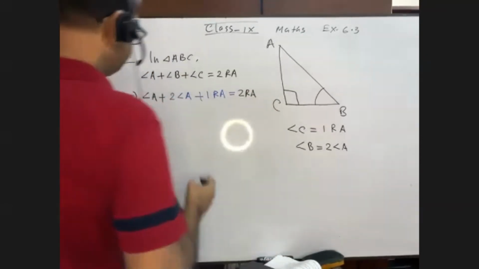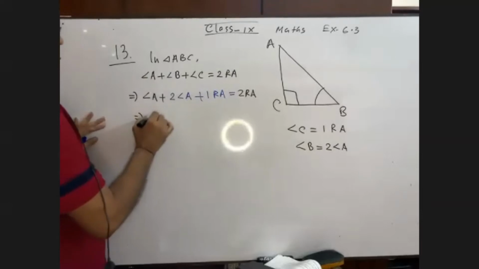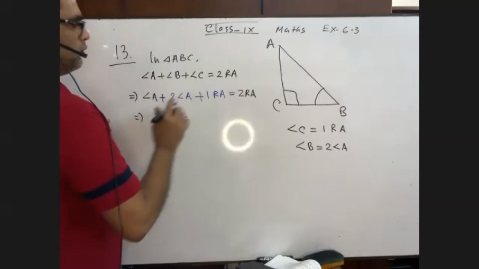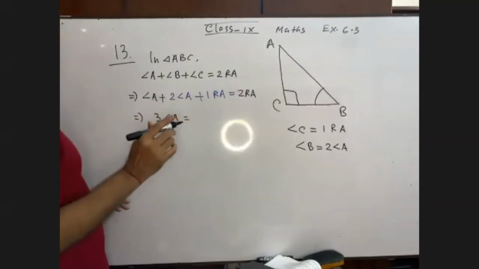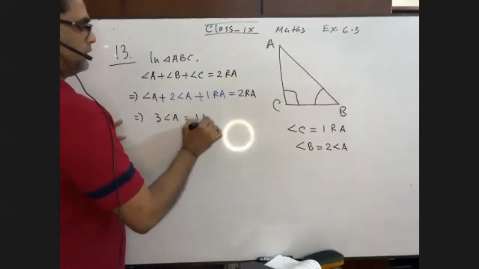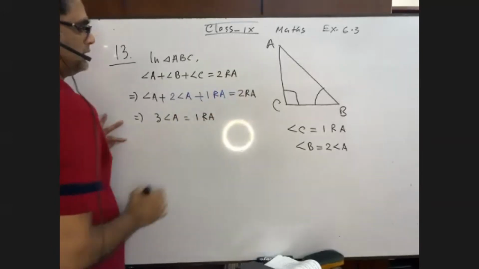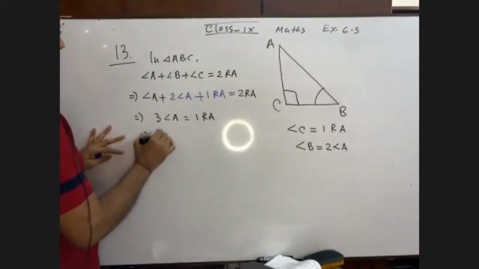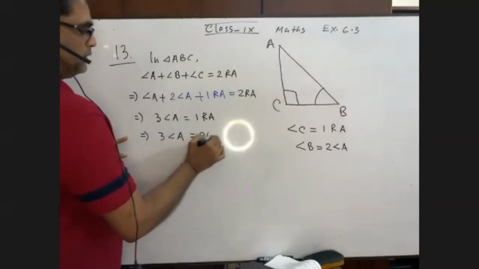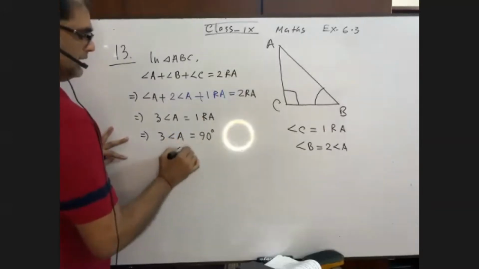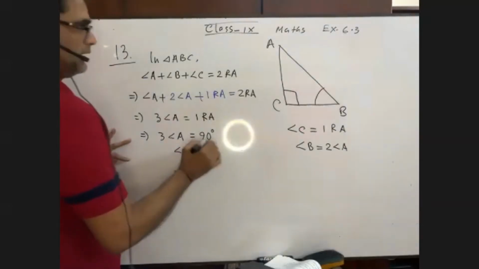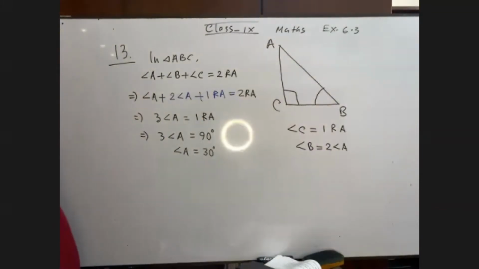Now we are getting thrice angle A equals 2 right angles minus 1 right angle, which is 1 right angle. One right angle means 90 degrees. Then angle A is equal to 30 degrees.